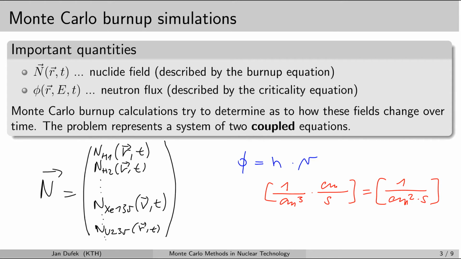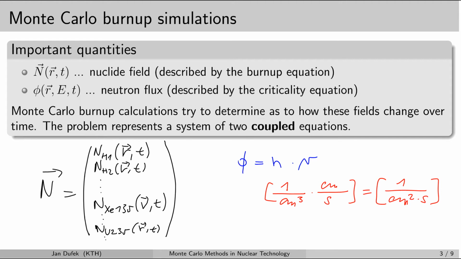So it's a combined distance that all the neutrons that have the velocity v travel in a unit volume per 1 second.